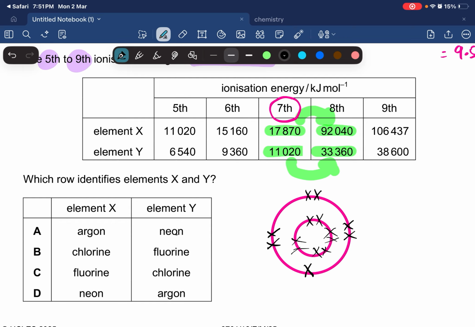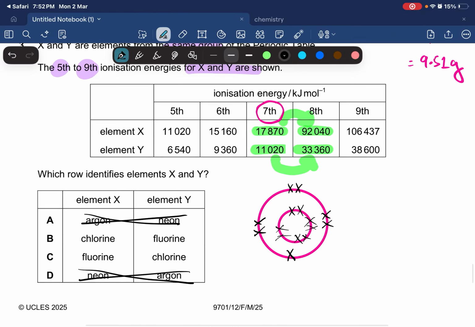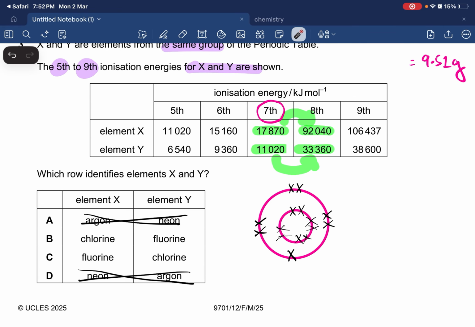So definitely we're not dealing with argon and neon. We're dealing with chlorine and fluorine. Now we have to identify which is going to be chlorine and which is going to be fluorine. Now you have to realize one thing. We know for sure that fluorine has 9 electrons.